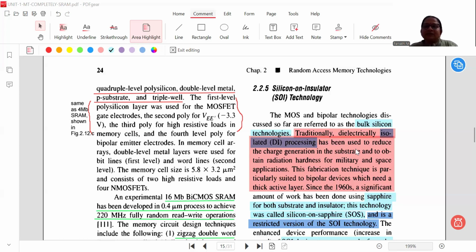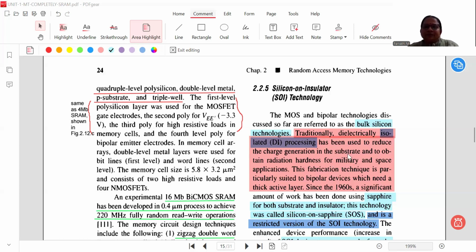So that is what dielectrically isolated means. The materials are doped or taken in between the components in such a way that there would not be any contact formed between them. So that's the dielectrically isolated process used traditionally.